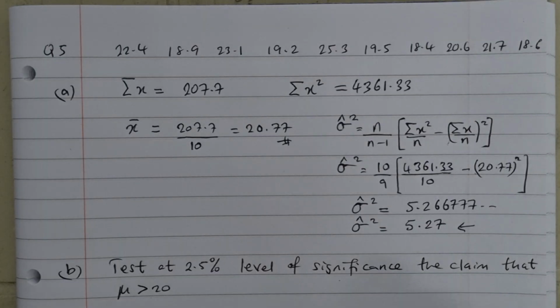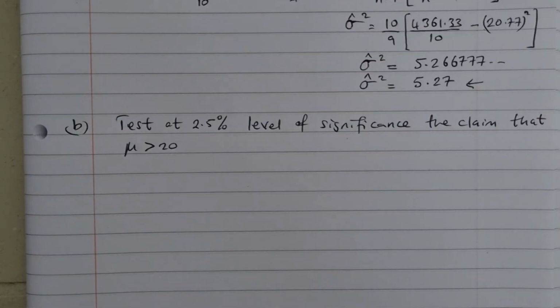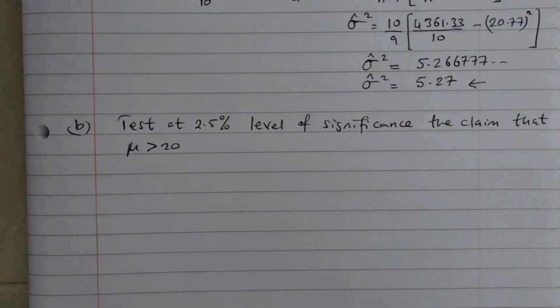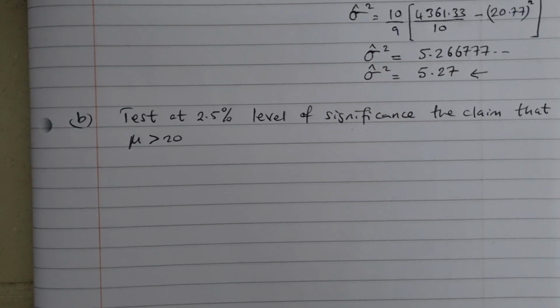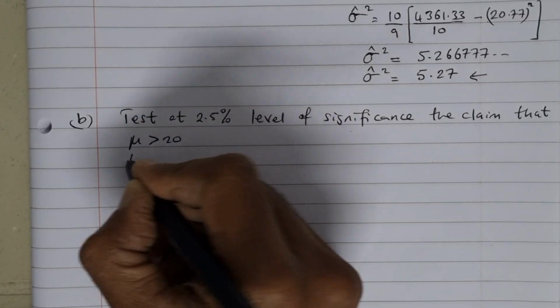And for the second part, we need to test at 2.5% level of significance the claim that mean mu is greater than 20. What I'd like you to realize over here is that this is a very small sample. So if it's a small sample, we're going to use the t-distribution over here.